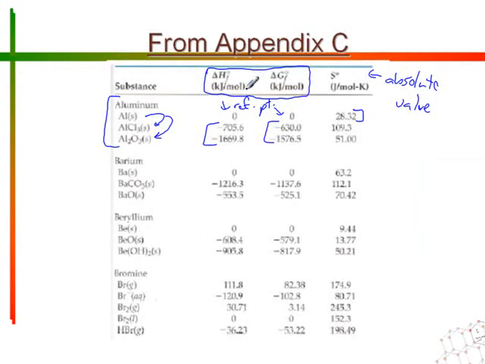Look at the difference in the units here too. We have a certain amount of heat per mole of the solid for both the enthalpy and the Gibbs free energy change. Entropy is different. Yes, there's a certain amount of energy associated per mole, but there's also that Kelvin term that's thrown into the mix. What is that telling us?